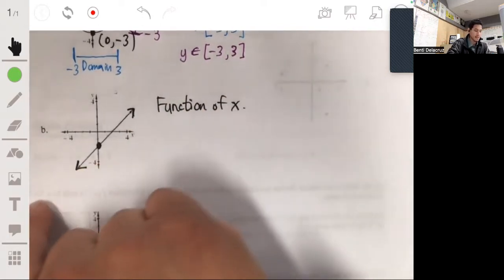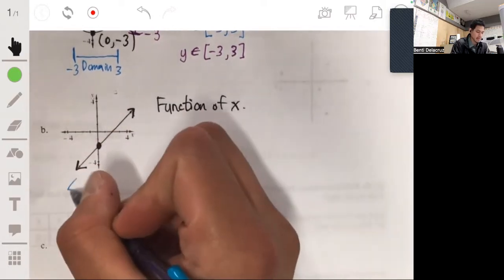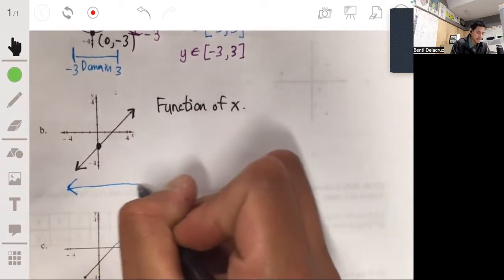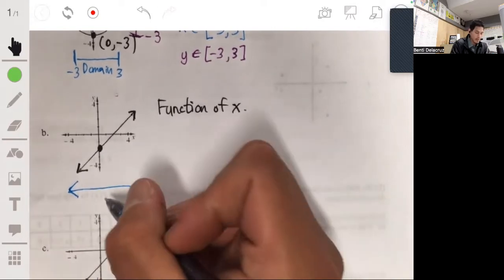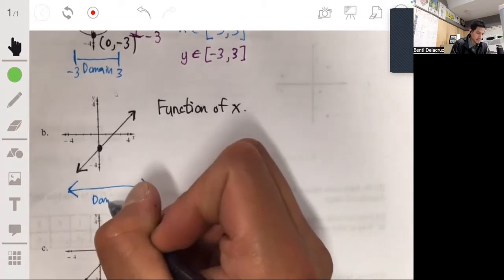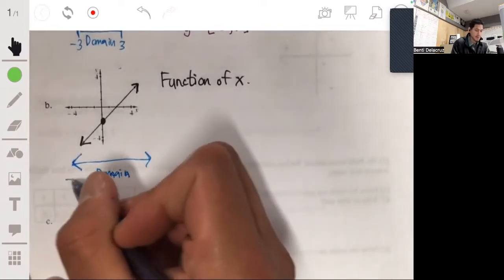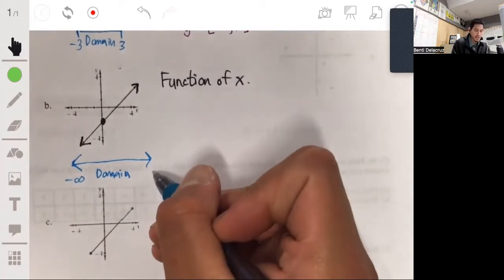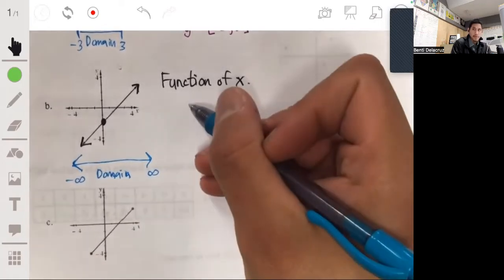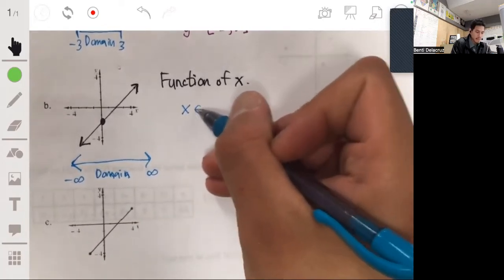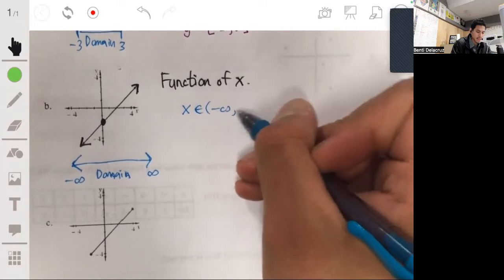And if we kept on going to the left in this direction, we would keep on increasing in the negative direction. So domain, are all the x values. So to the left direction, that will be going towards -infinity. And to the right, that would just be +infinity. So the domain, we would write the domain goes from -infinity to +infinity.